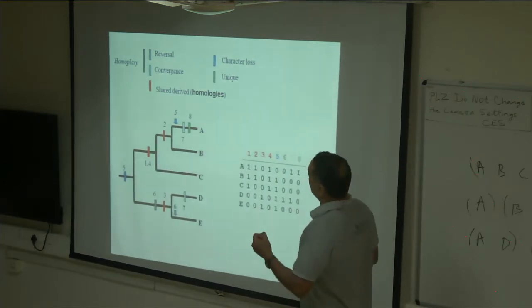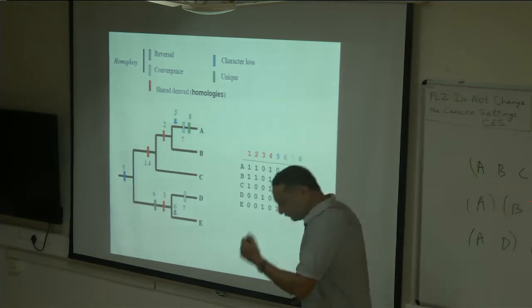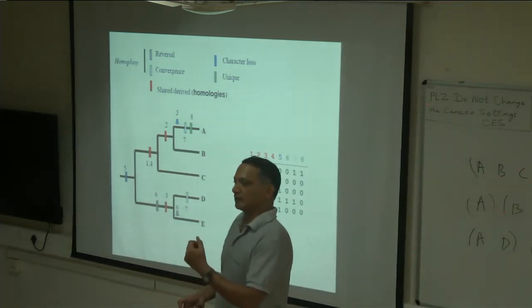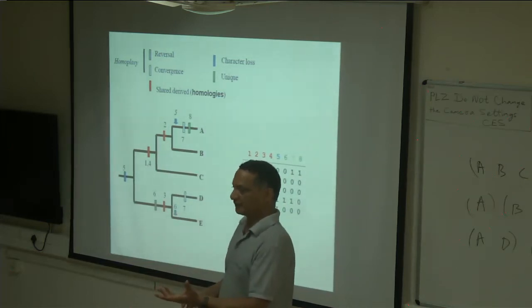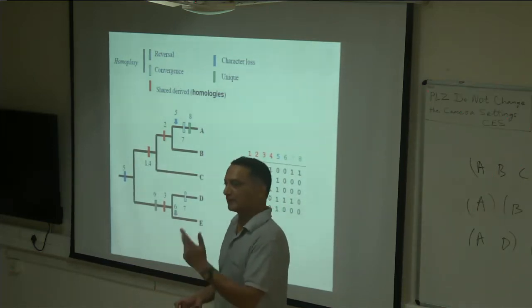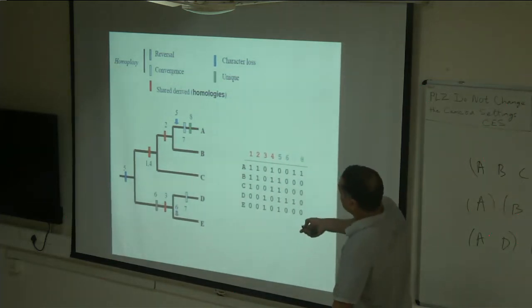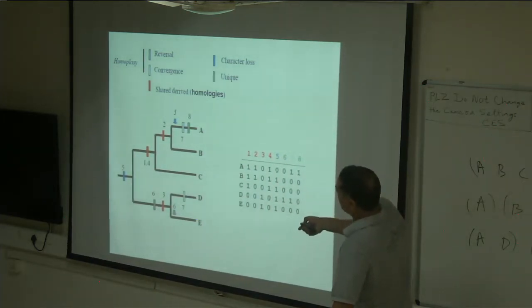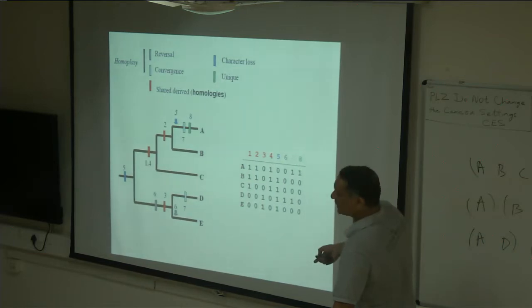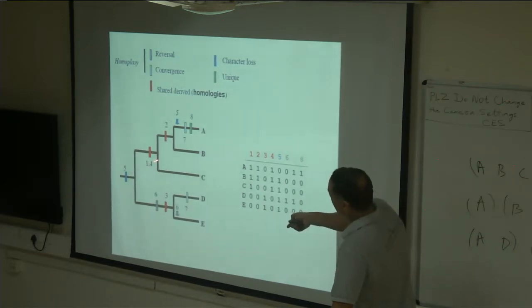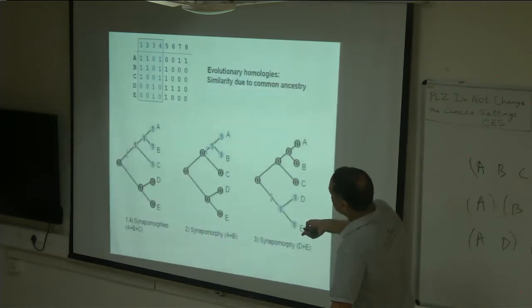Okay? So every time a character emerges in a tree, it's one change, and every time there's a loss of character, it's one change. So if you just count up the number of changes here, remember there should actually be 2 bars here. This is for character 1 and 4.